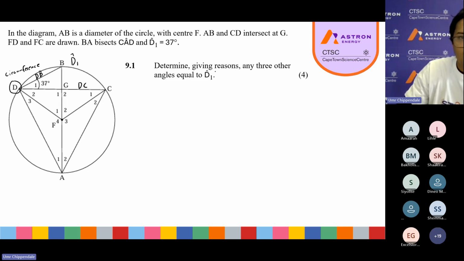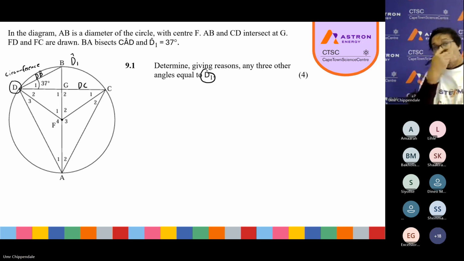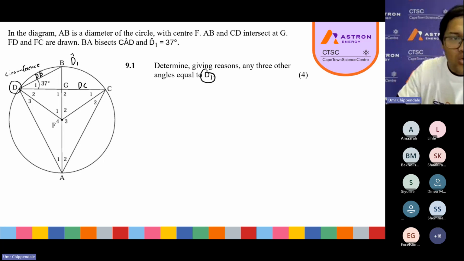Why we're focusing on that is because they're telling us this. They want to know with 3 other angles that is also equal to 37 degrees.